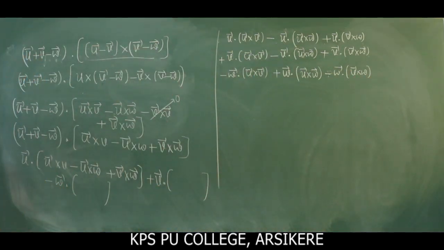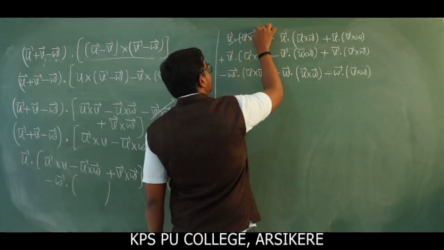Just observe here, in a scalar triple product, if any one of the vectors is repeated, then the value becomes 0. Similarly here also, first observe the first term, there we have u dot u cross v, it means u repeats 2 times, hence the value becomes 0.